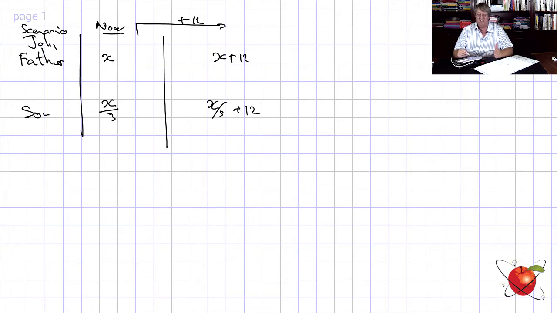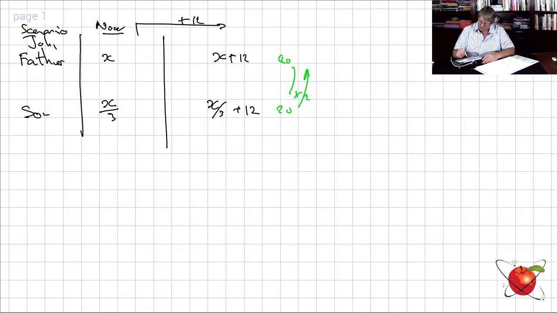Obviously, the father must be older. If I took a hypothetical number again, just to check my maths, if I said he's 40, he must be 20. So how did I get that? I said either divide by 2 or times by 2 that way.